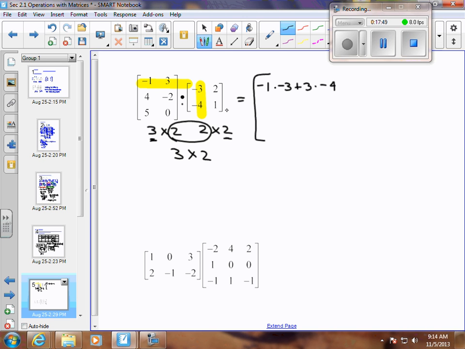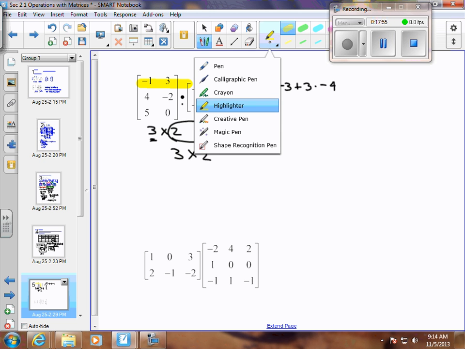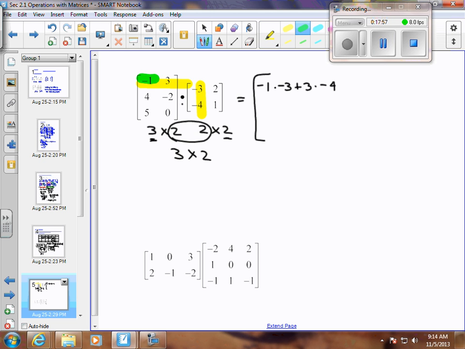And now I multiply the first row by the second column, and that will complete my top row. So I have -1 times 2 plus 3 times 1. It's the first element times the first element plus the second element times the second element.